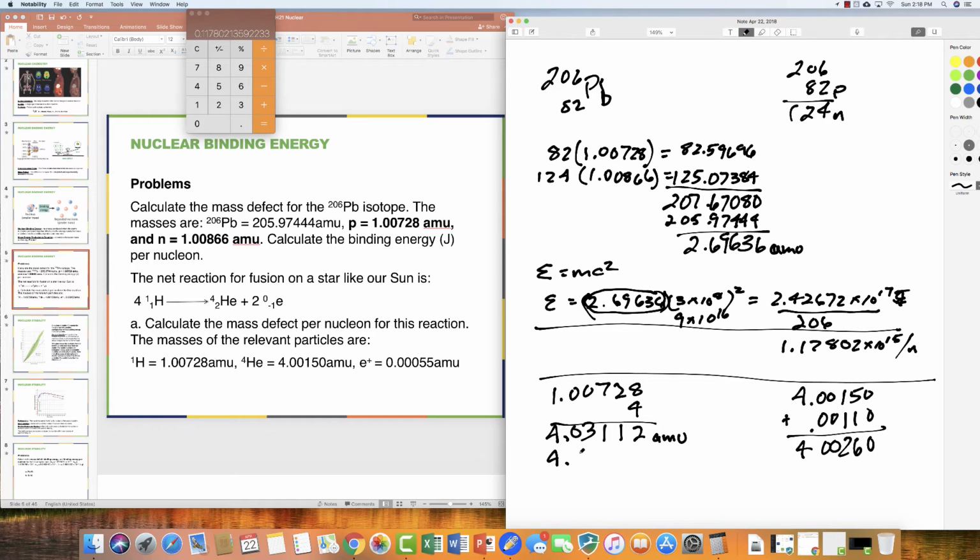So the deficit here is going to be 0.02852 AMU. And per nucleon, again, we have 4 on either side, so we would divide this by 4, so it would be 0.00571 per nucleon. So that's the mass deficit per nucleon for this reaction.